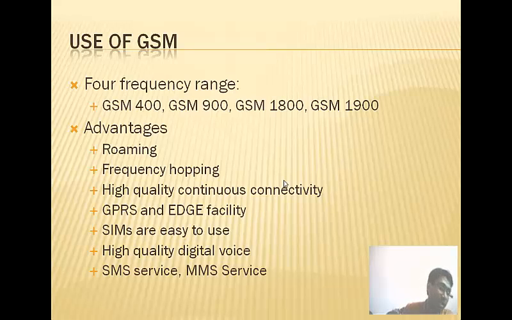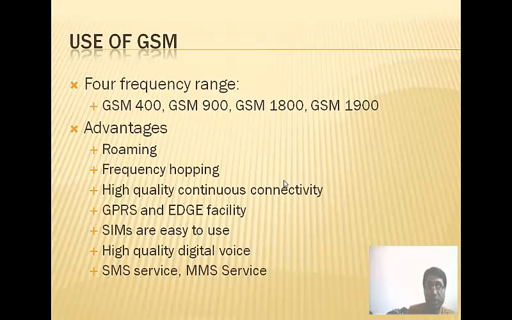The advantages of GSM as of now: roaming, and it can provide international roaming. The mobile phone sets can use frequency hopping. If the signal is not good at one frequency, it can hop to the next frequency. It can provide high quality continuous connectivity, and GPRS and EDGE facilities, which are high speed data transfer services.